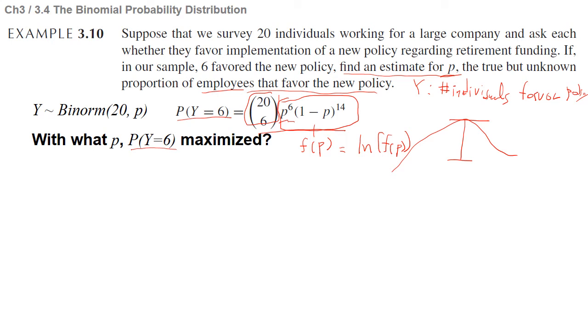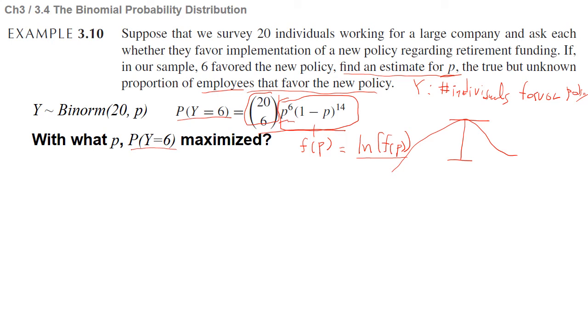So finding the value p that maximizes f(p) is equivalent to finding the value p that maximizes ln f(p). So we are going to find the p that maximizes ln f(p), and where does it have its maximum?